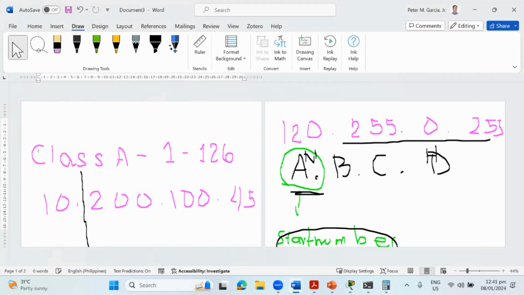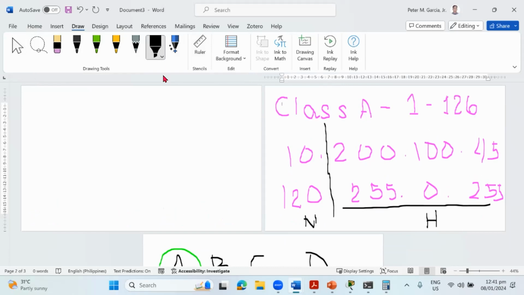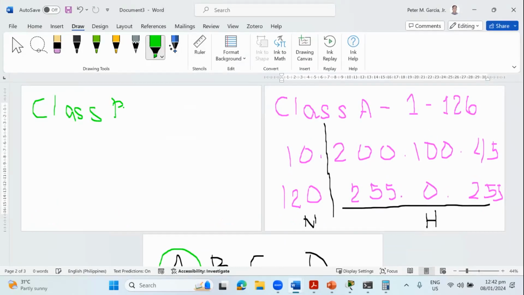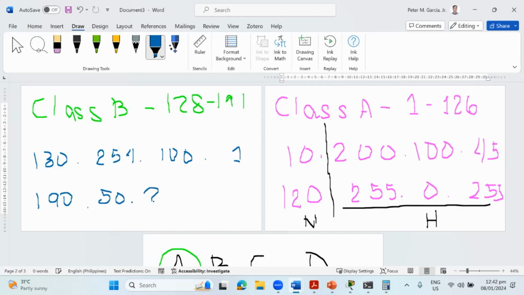Para sa class B network natin, if the starting number ranges from 128 to 191, it becomes class B. Meaning, kung IP address mo nagsisimula sa, halimbawa, 130.254.100.1 or 190.190.50.253.